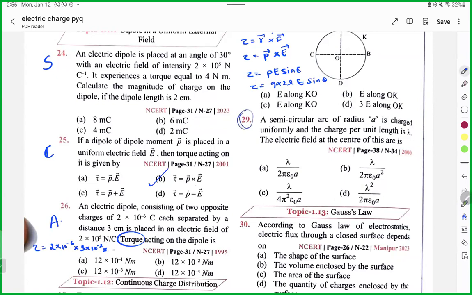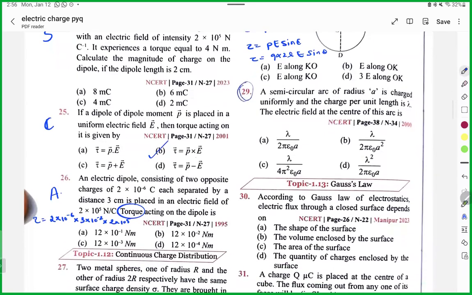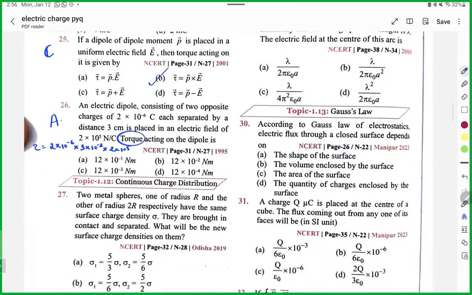E value 2 into 10 to the power 5. Yeah, C option, I'm getting. And if the angle is not given, you have to take sin as 1. So 3 into 2 into 2 is 12, and the powers are minus 6 minus 2 plus 5.